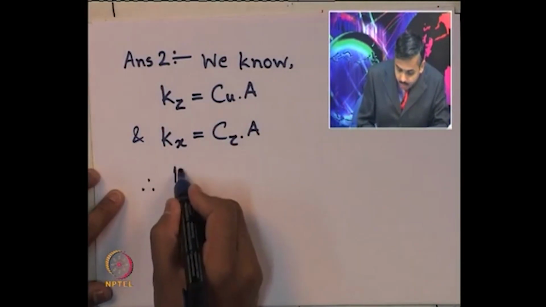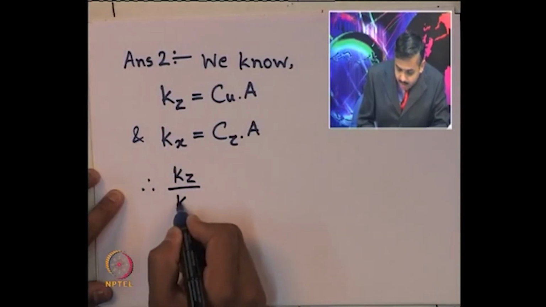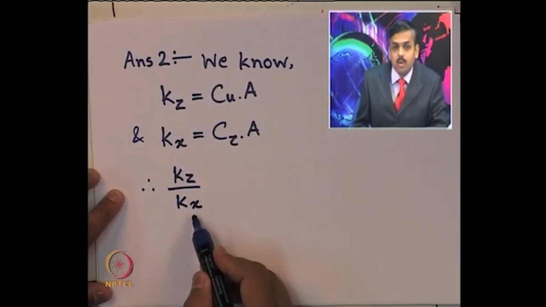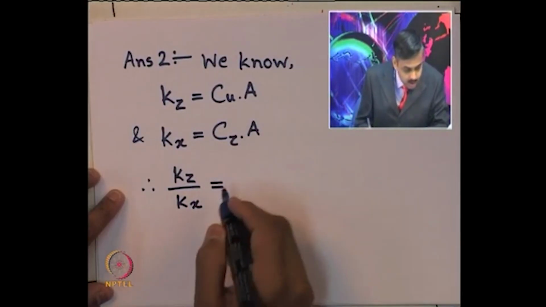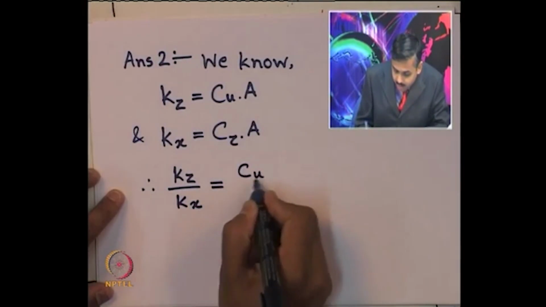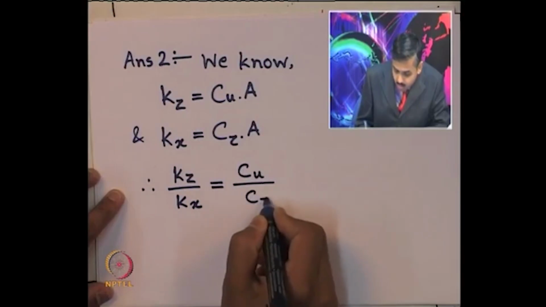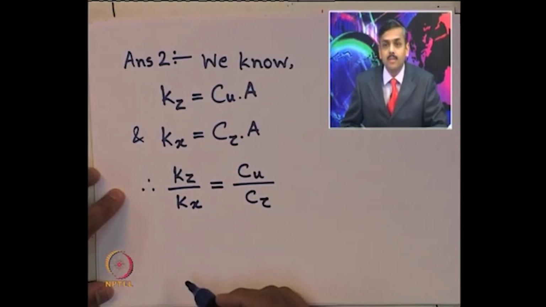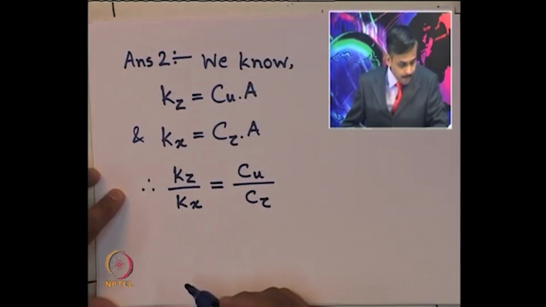Their ratio, that is K z by K x, vertical mode of vibration to horizontal mode of vibration, can be simply written as C u by C tau, because the cross sectional area involved in both the cases is the same.